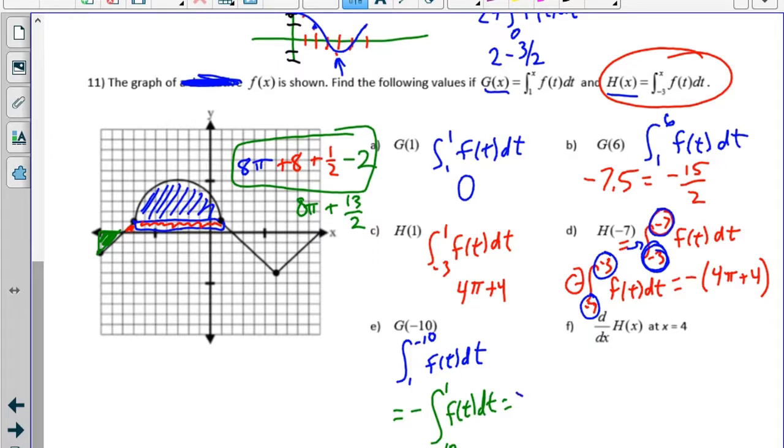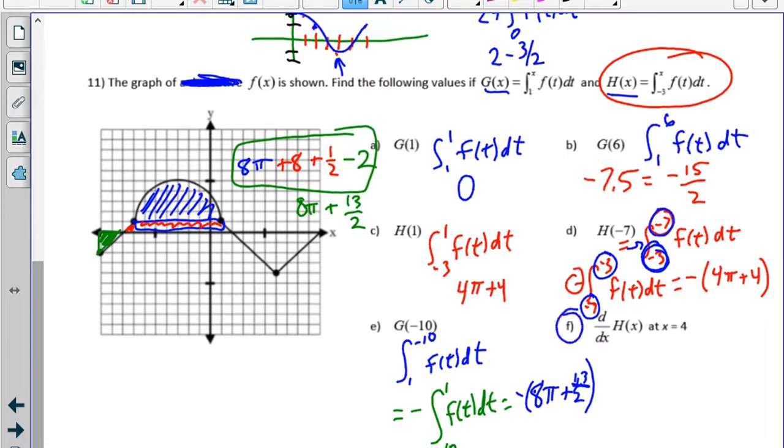So my answer is negative 8 pi minus 13 halves. That looks terrible, but you're going to have to live with it. Or I could write negative 8 pi minus 13 halves.